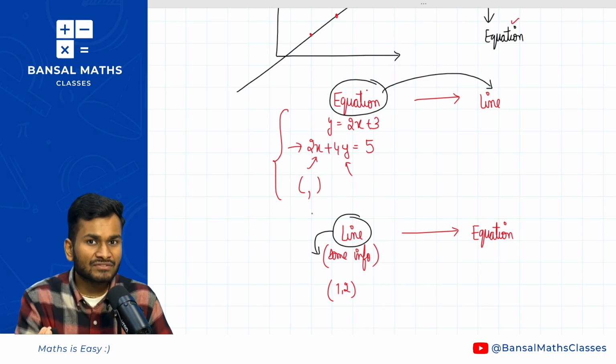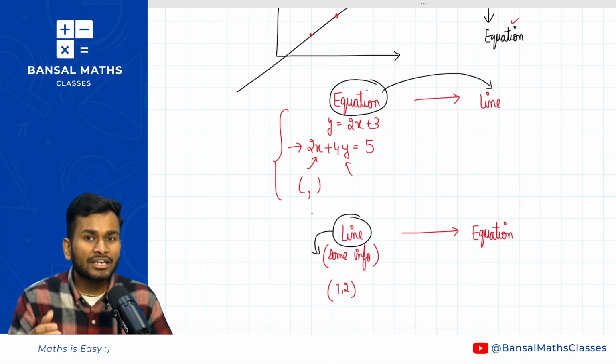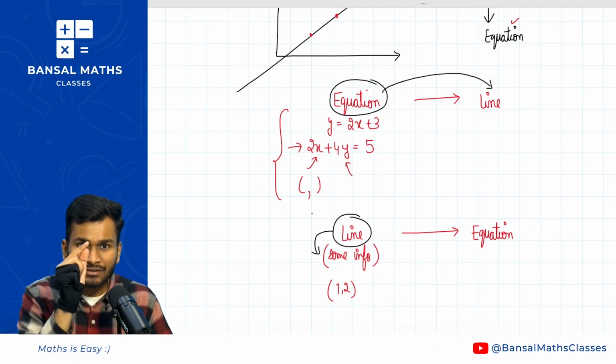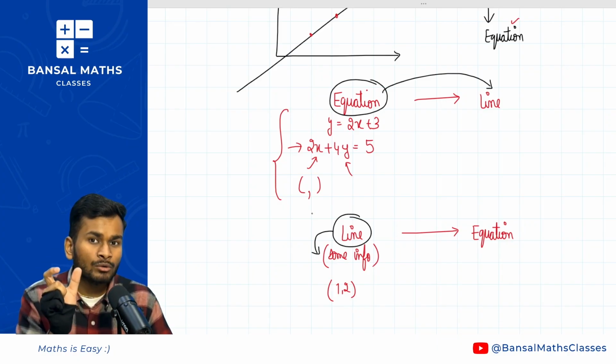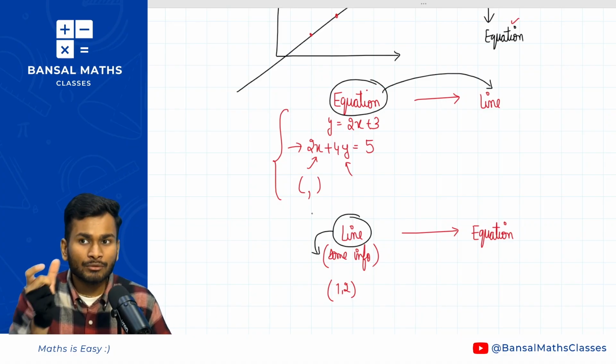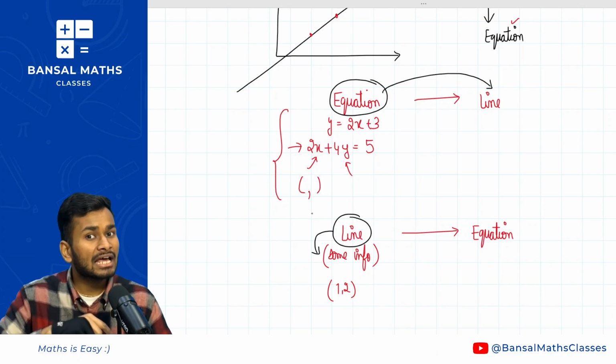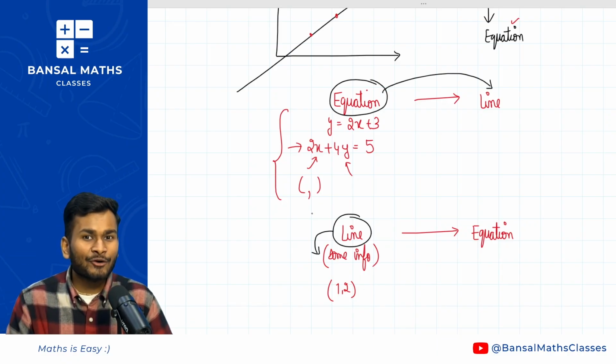When we give x values, we get some output. For storing that output, we introduce another variable y, and the linear polynomial gets converted into a linear equation. Linear equations are nothing but line equations. We've seen that linear has the word line in it. So line equation is basically equation of line, because it helps us generate coordinates, and then coordinates help us generate the line. I hope this was fine.